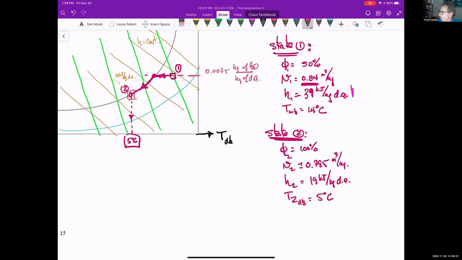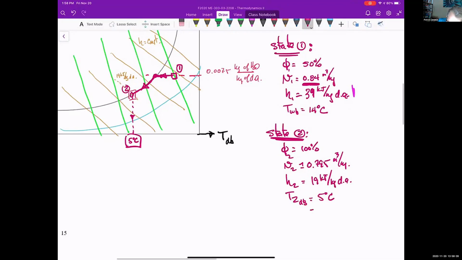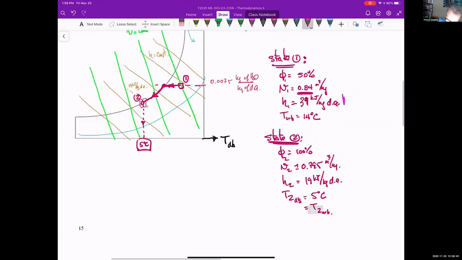And what about the wet bulb temperature? It should be the same, right? It should be the same because my relative humidity is 100%, exactly. So this is equal to T2 wet bulb, exactly. So I've got everything at that point.